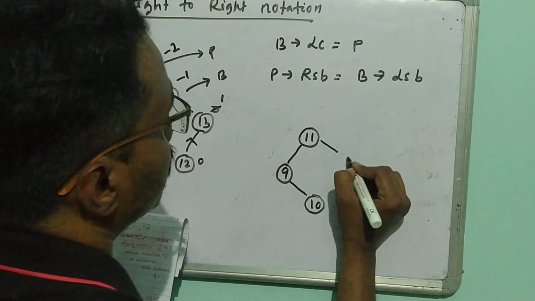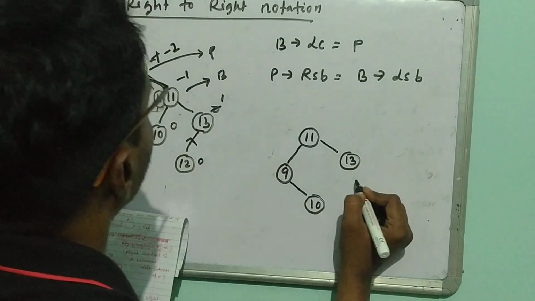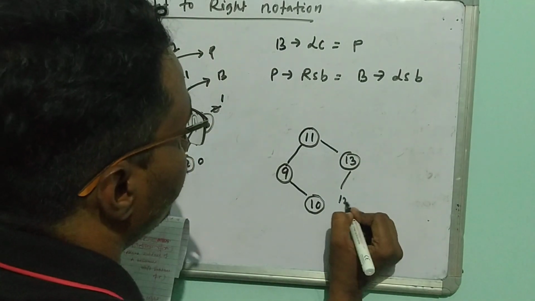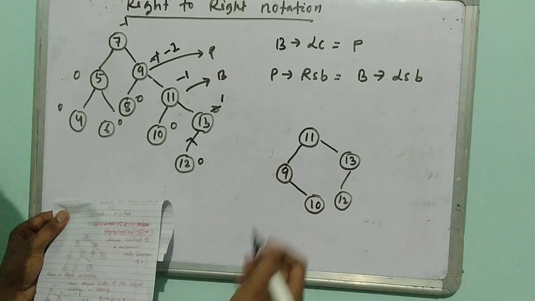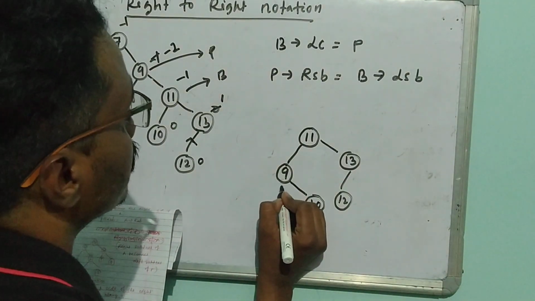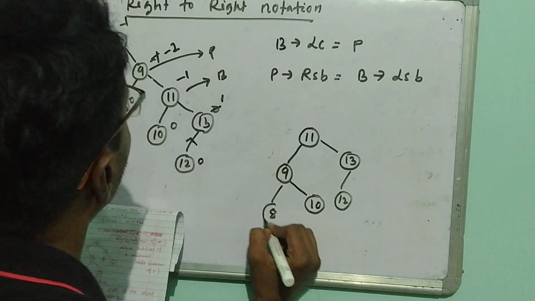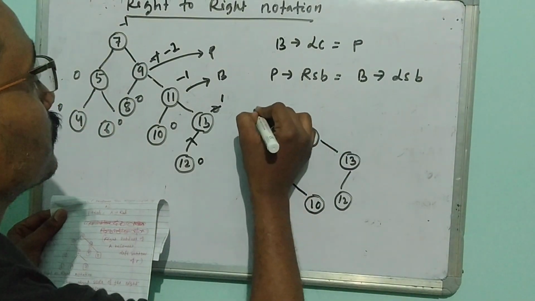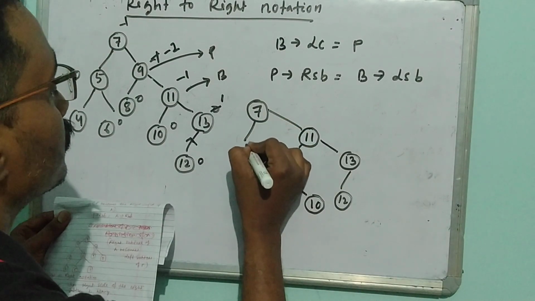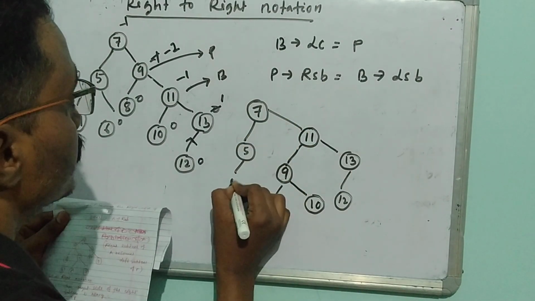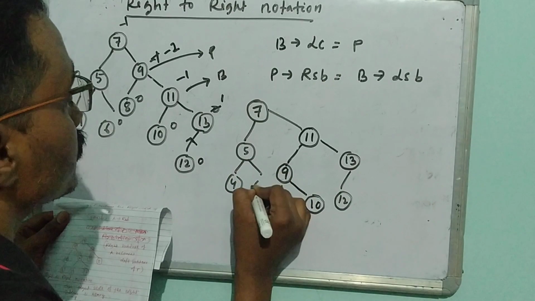So 11, this is 13, this is 12, and obviously this becomes 8, this becomes 7, this becomes 5, this becomes 4, this becomes 6.